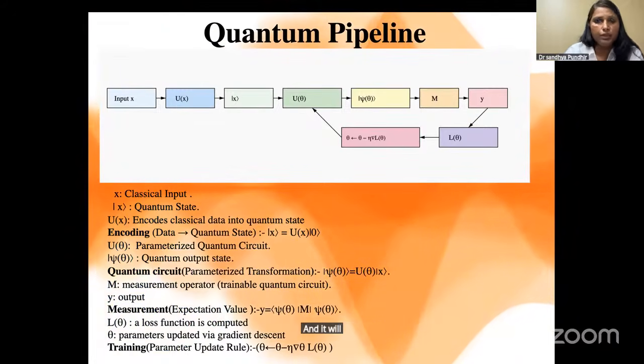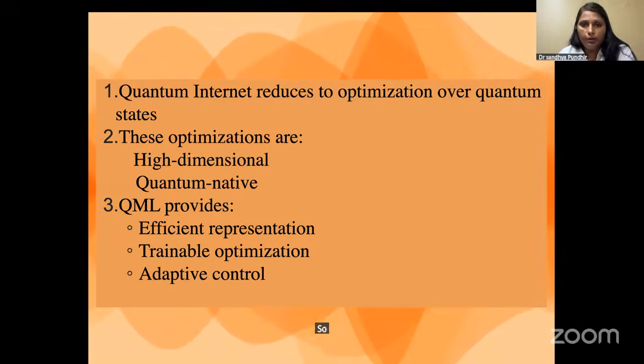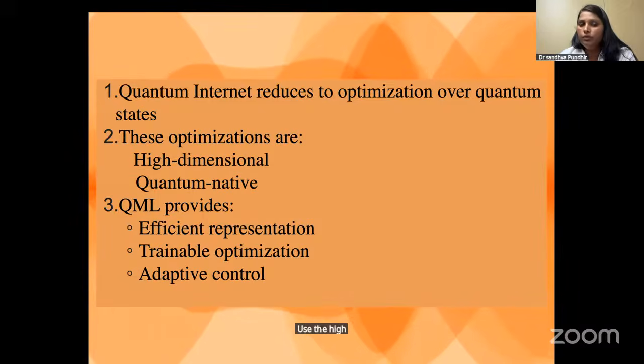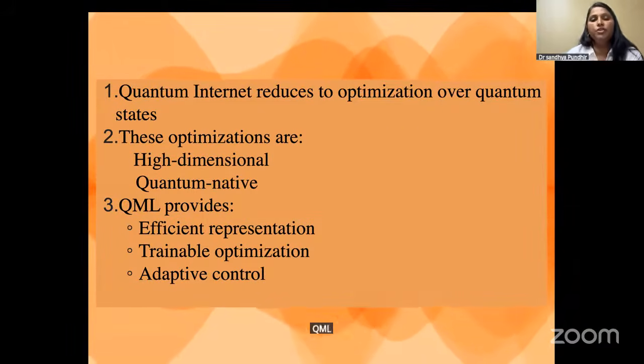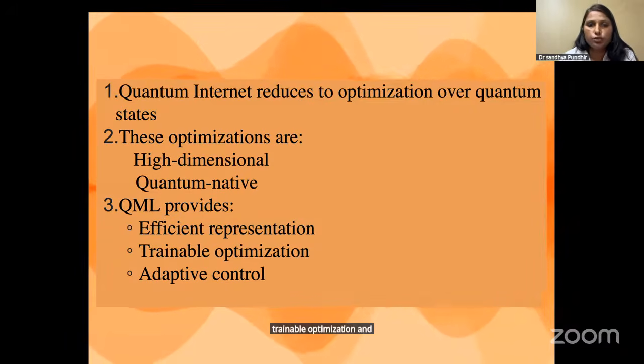It will be different for different kinds of applications. So the quantum internet goes for an optimized result over quantum states, and these optimizations use high-dimensional values and quantum natives. QML provides efficient representations, trainable optimization and adaptive controls.